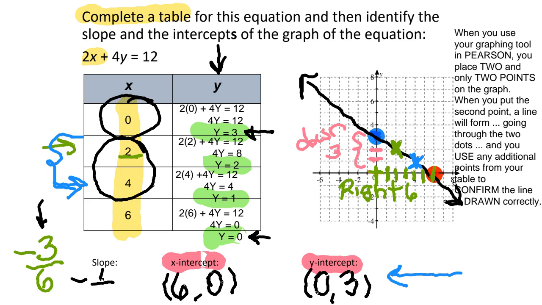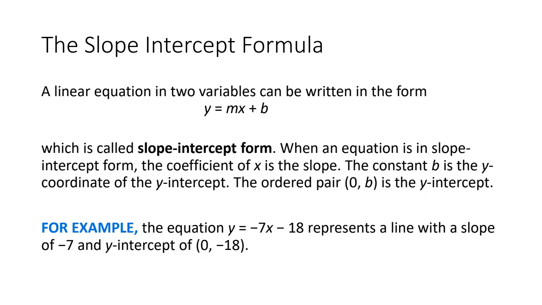This is how we're using the graphing tool. Now, this is using the graph, everything we've learned, the new table. Well, now we're going to use what they call the slope-intercept form. Well, this is going to require a little bit of work from you. Okay. Now, this is the slope-intercept form.